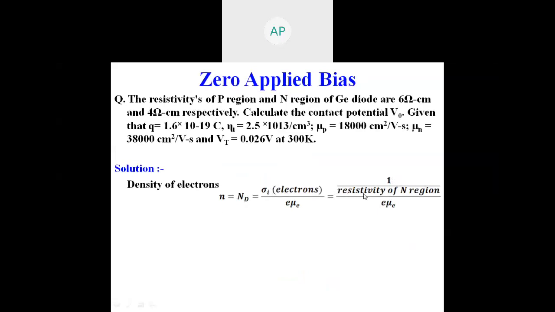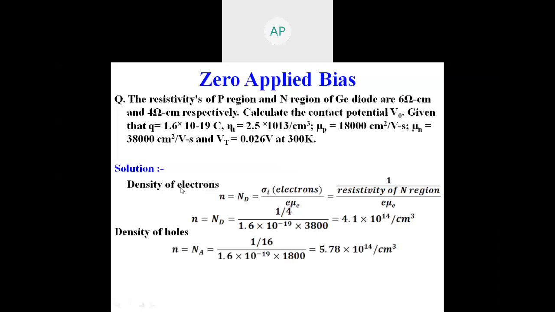So we have 1 upon 4, divided by the charge 1.6 into 10 raised to minus 19, and the mobility of electrons, which is 3800. An extra zero happened there, so please neglect it. If you compute this, you will have 4.1 into 10 raised to 14 per centimeter cube. Similarly, we can find the density of holes.